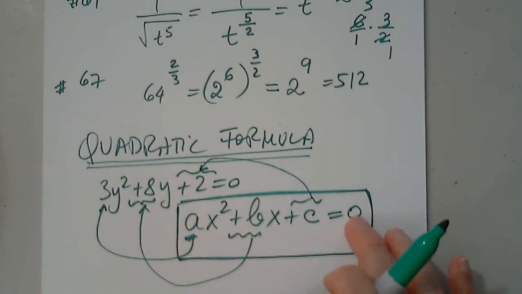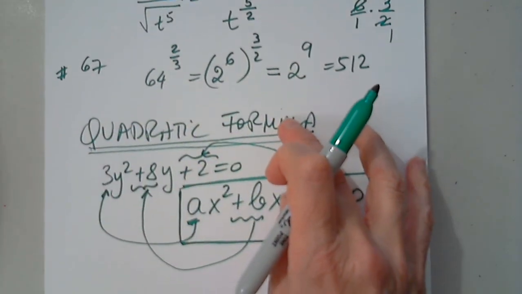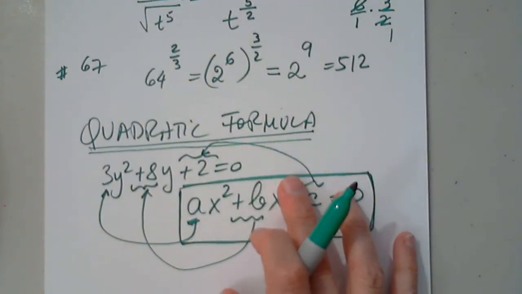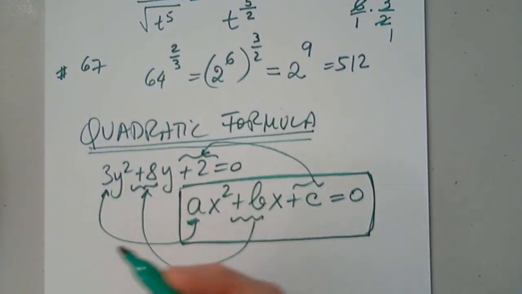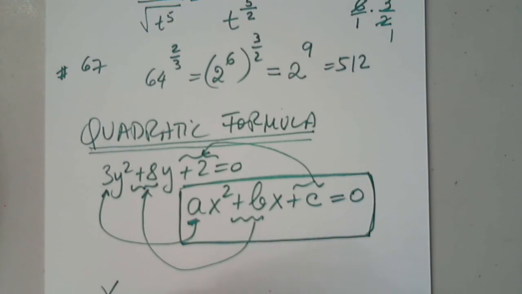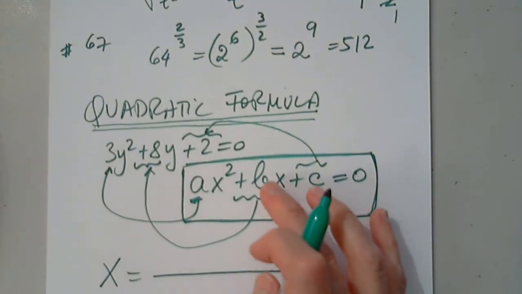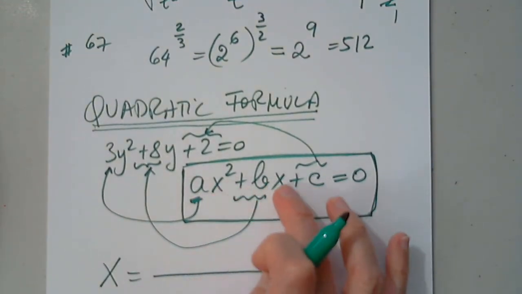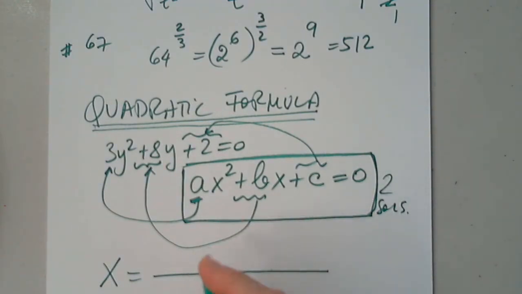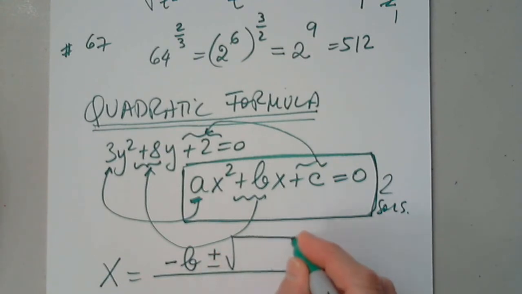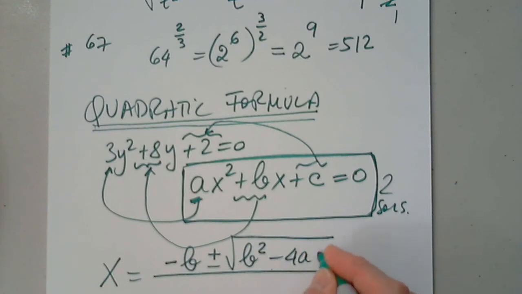Assuming it is, it doesn't matter if I have y or if I have x. The quadratic formula states that I can determine the two solutions as negative b plus or minus the square root of b squared minus 4ac over 2a.